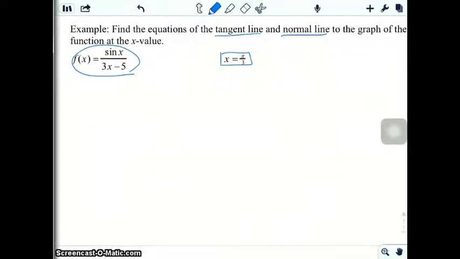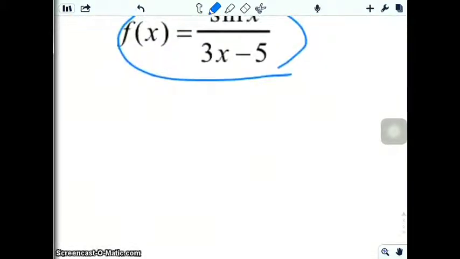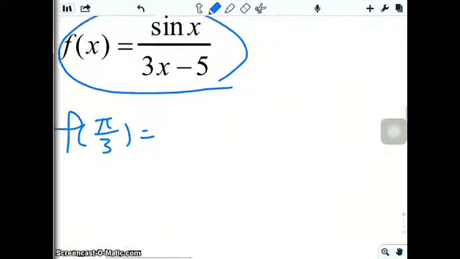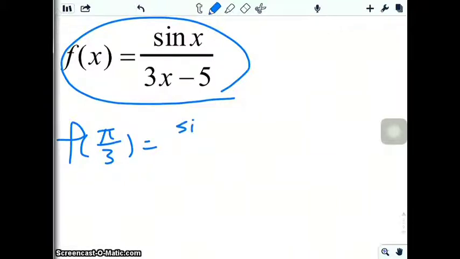In order to find that point, we need to plug in the x value right here. So we're just going to do, let me write it for you guys, x equals pi over 3. So sine of pi over 3 on top, and the bottom is 3 times pi over 3 minus 5.